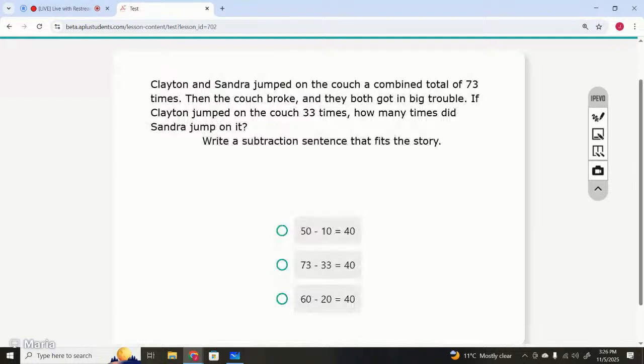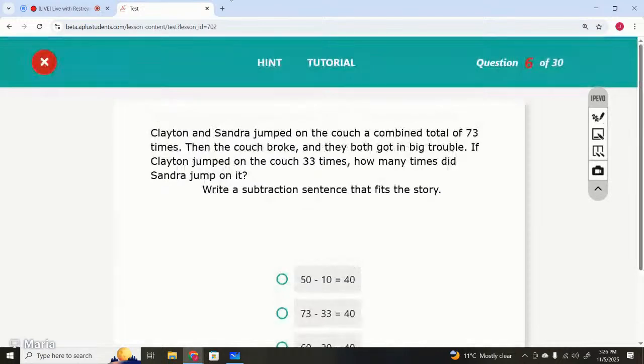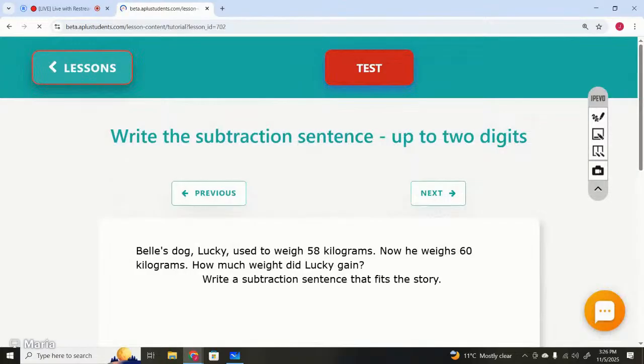Option number 2 is the correct option. Okay, you can complete the lesson by yourself later today. Let me just move on to the next lesson.